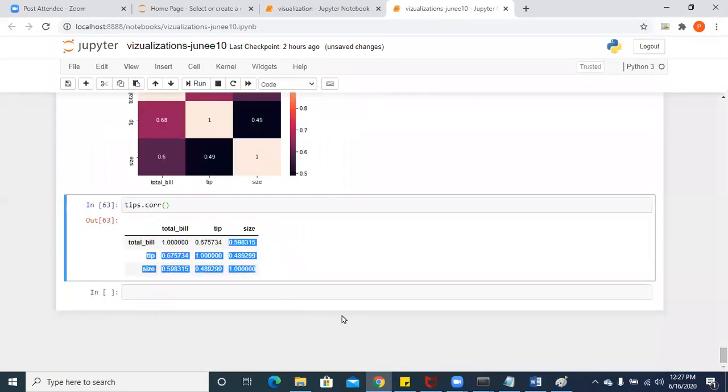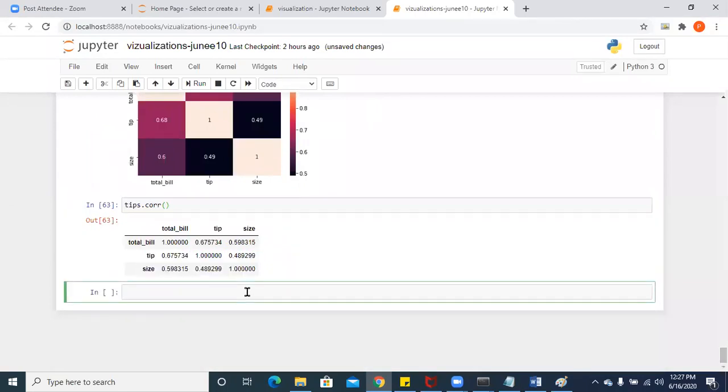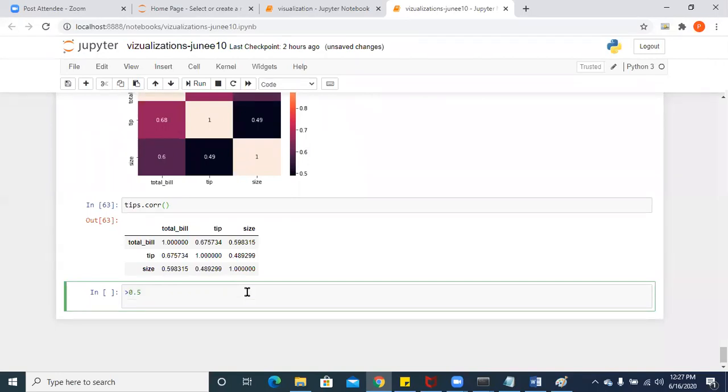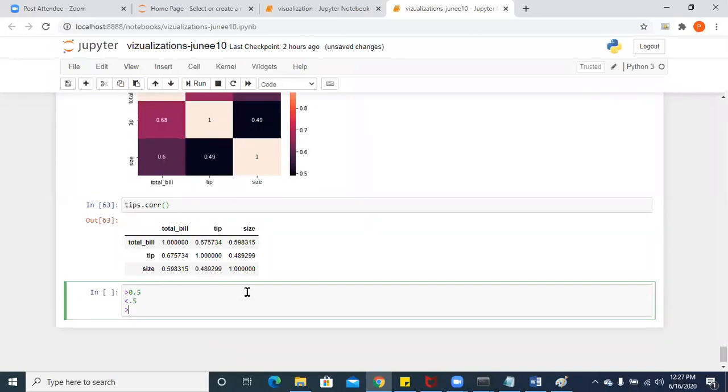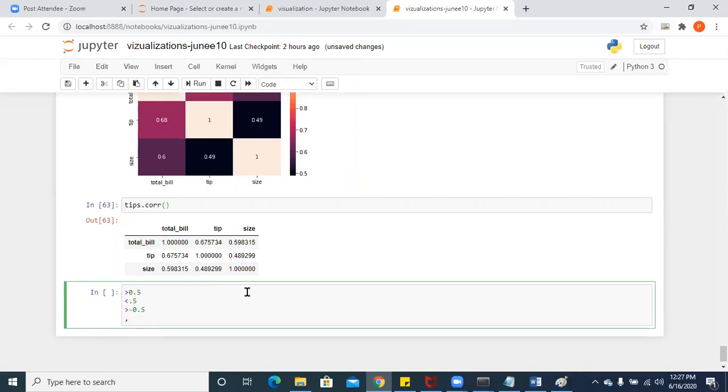So here you have to consider four parameters. One is greater than 0.5, one is less than 0.5, another is greater than minus 0.5, and another is less than minus 0.5.